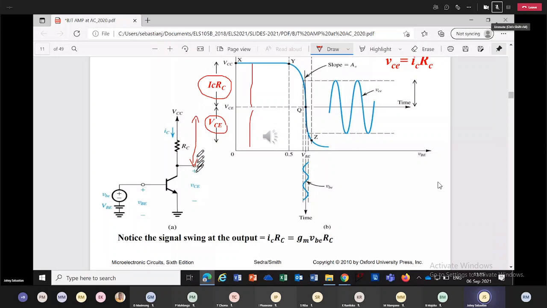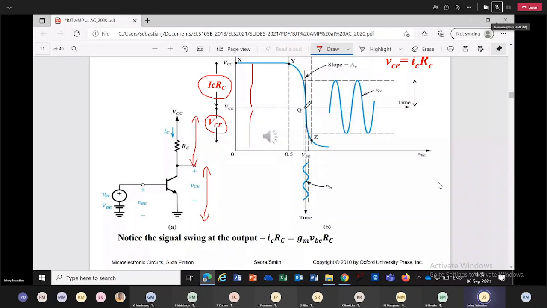Negative swing is this much. Whatever voltage at the collector, all the way to the voltage at the emitter, which is nearly zero, that is your negative swing. If we get this much right, then we can play around.